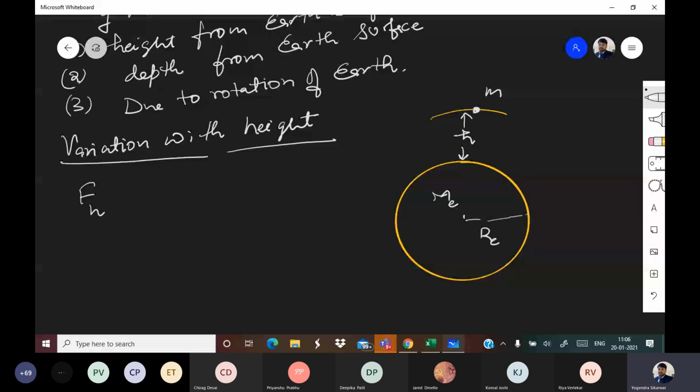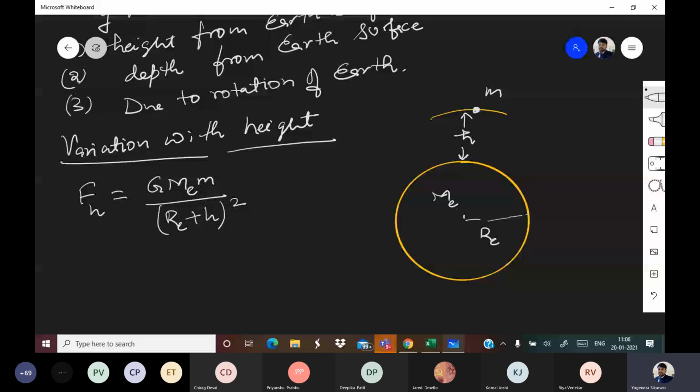And this is FH, force at height. FH will be G ME small m upon RE plus H whole square, because that is the distance of that point mass from the center of Earth.